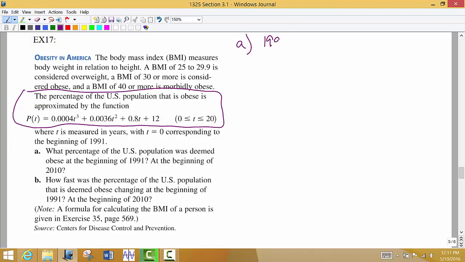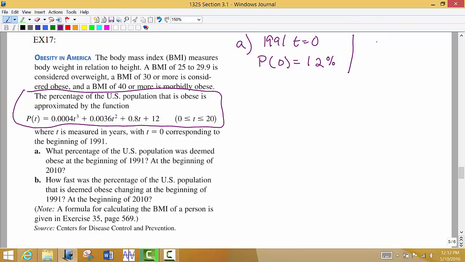The beginning of 1991 is represented by a t-value of 0. If t equals 0, we can pretty obviously see that the first 3 terms are going to become 0, and then we have plus 12. So at the beginning of 1991, 12% of the U.S. population was obese.